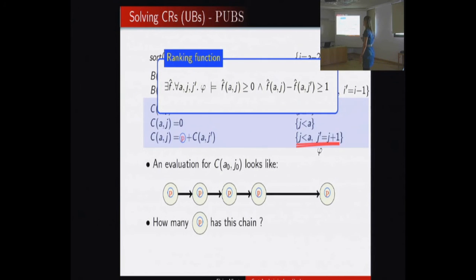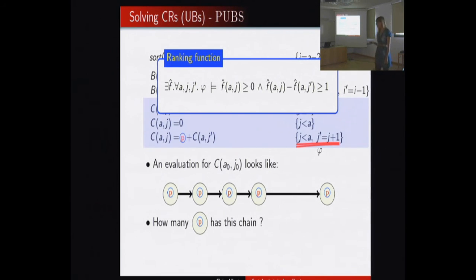A ranking function is a function on the variables of the loop or the piece of code I'm trying to prove terminating, in this case on these two variables, which has to satisfy two conditions. It has to be always positive: its evaluation must always be greater or equal than 0. And it must be strictly decreasing: at each iteration of the relation or of the loop, it decreases by at least 1.